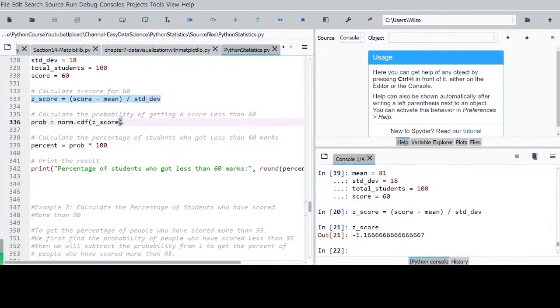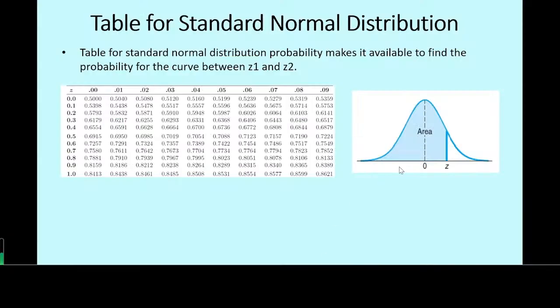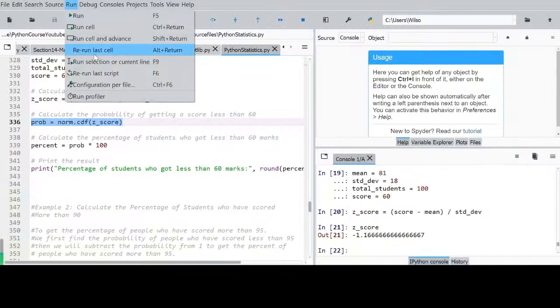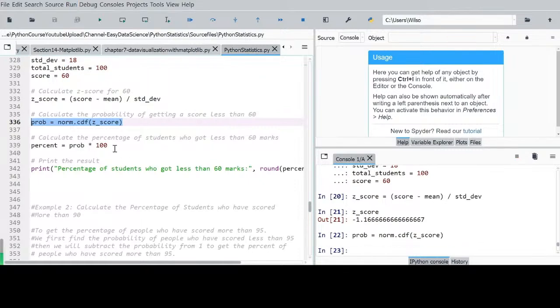Then we calculate the cumulative probability in a standard normal distribution using the norm.cdf function on this z-score. If we look at this shape, we want to calculate the probability of this shaded area up to this z-score. We have calculated this z-score, so just run this statement.